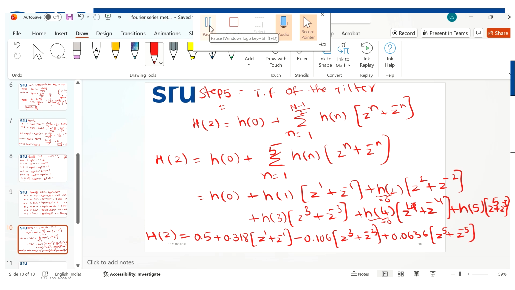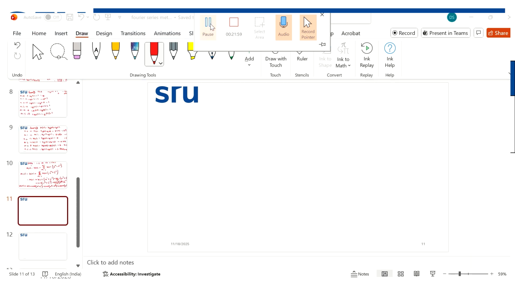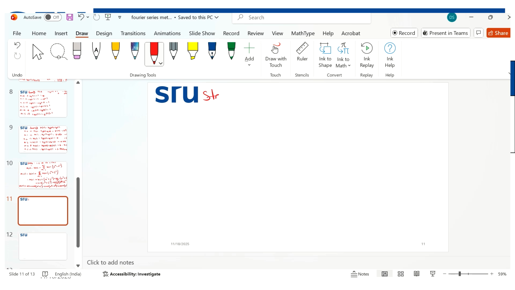Now this is our non-realizable filter transfer function. Next step is writing the realizable transfer function by multiplying z^-(N-1)/2. Now step number 6. The transfer function of the realizable filter is H'(z) equals H(z) multiplied with z^-(N-1)/2.